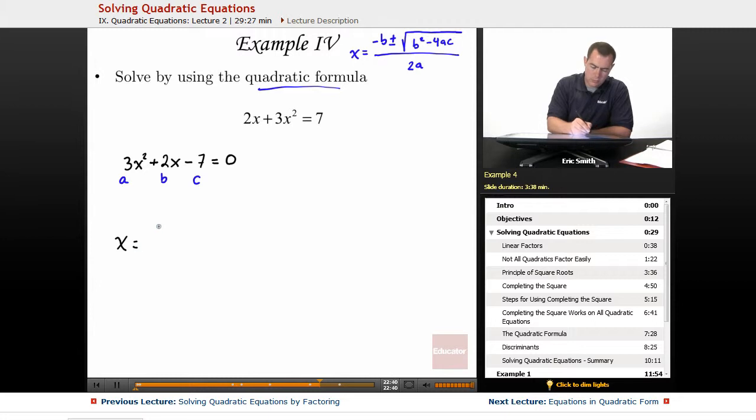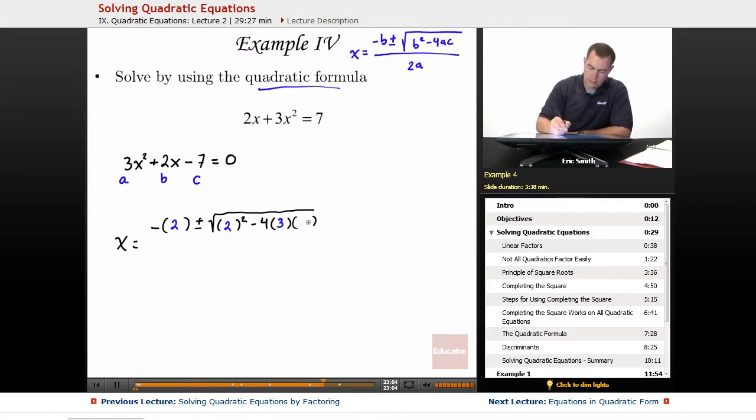So x is equal to negative the value of b, which I said was 2, plus or minus the square root, here's where we put in b again, 2 squared, minus 4 times the value of a times the value of c.